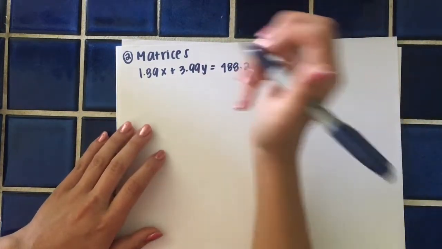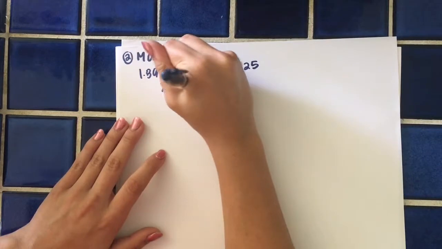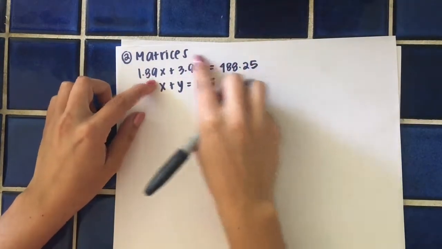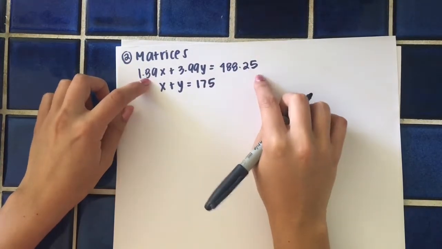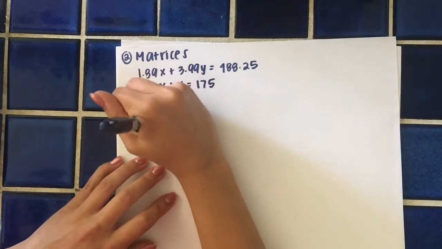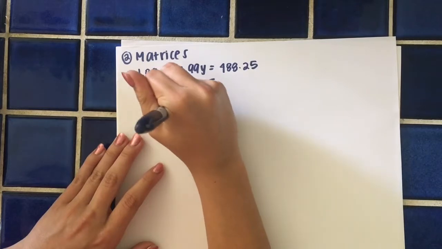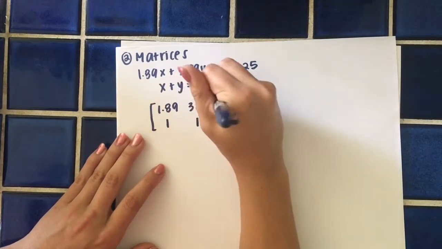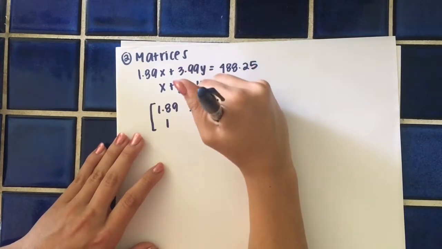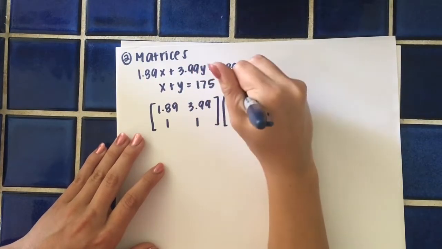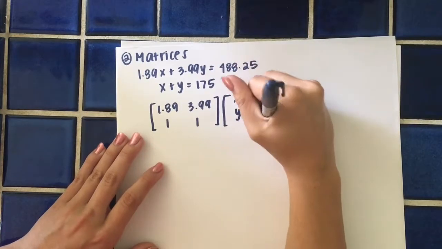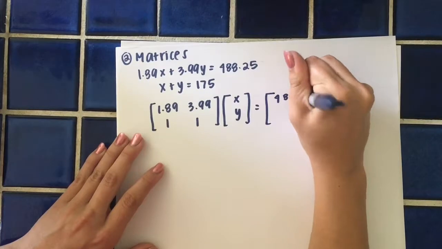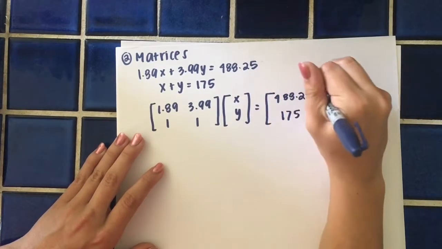And the second one is x plus y equals 175. Now we're going to write these two equations as matrices. So we're going to go like this: 1.89, 3.99, 1 and 1. Then x and y is going to equal 488.25 and then 175. Perfect.